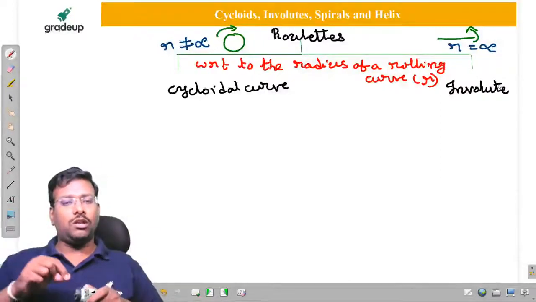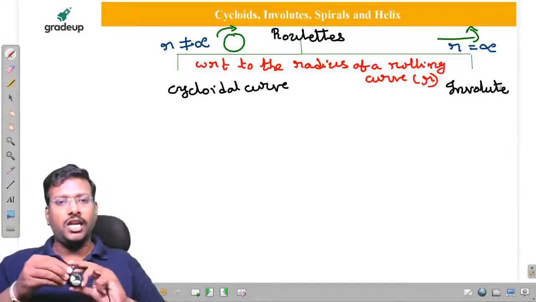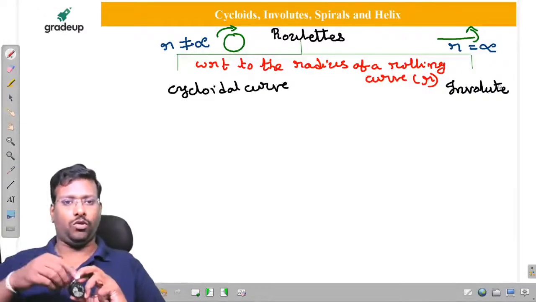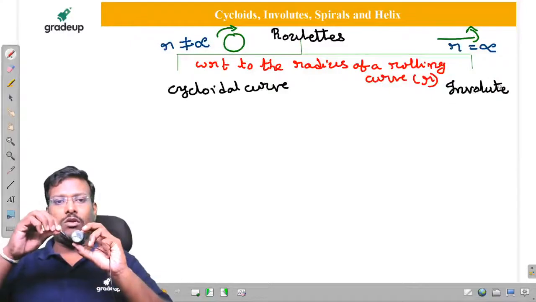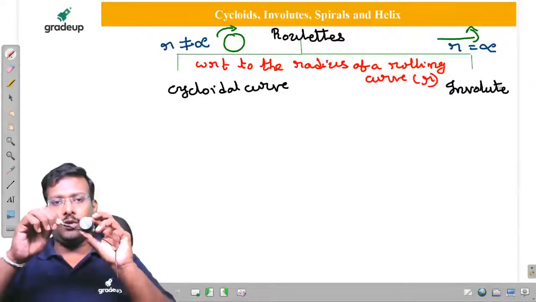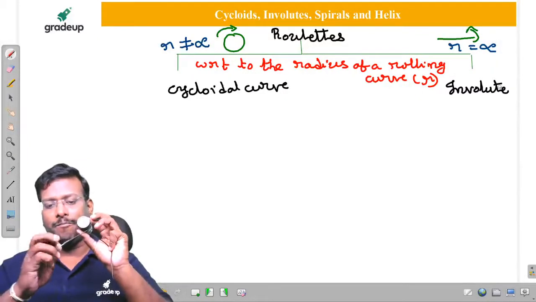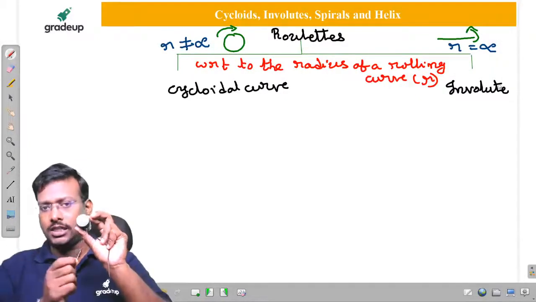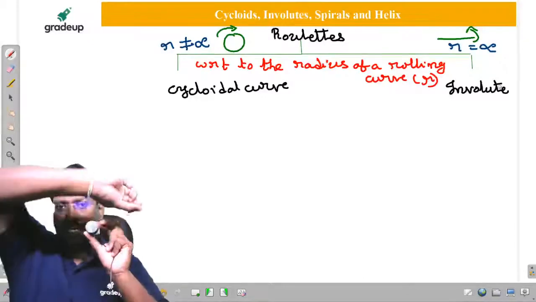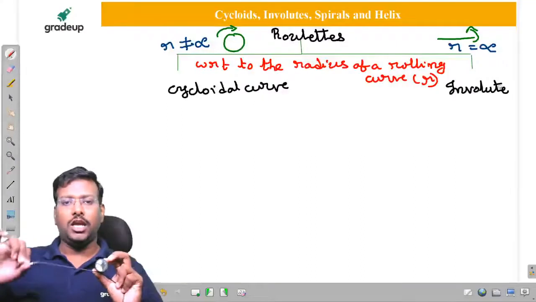So involute will be defined in two cases: a straight line rolling over it, wound or unwound. Why do we consider it a straight line? In order to get the locus, from the point to the touching point, it is a straight line. You observe, my dear friends, only an unstretched object can give the involute.